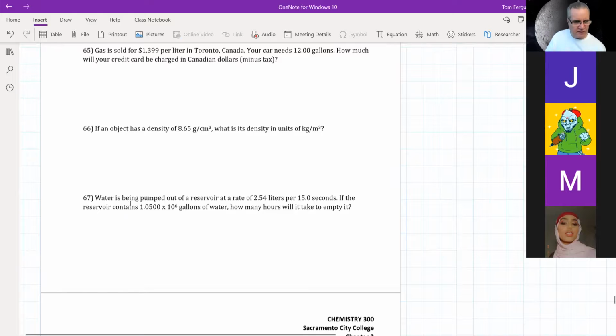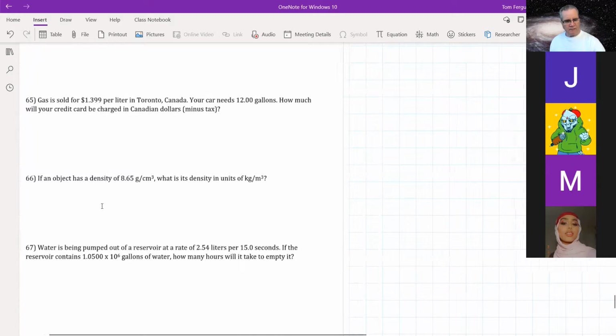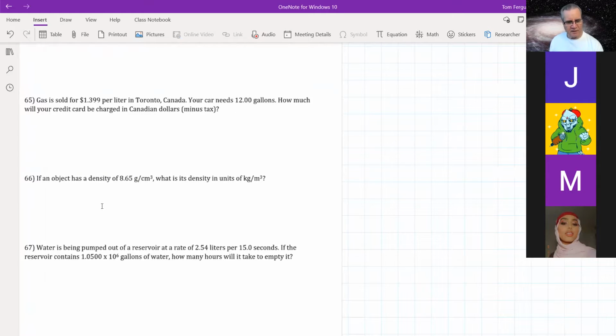Anyway, this is where I got the ideas from this problem here. Okay, let's see. Why don't we do number 66? All right, so basically here we're going from grams per cubic centimeter to kilograms per cubic meter.